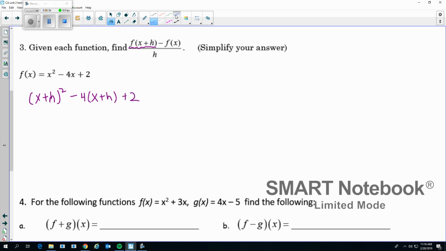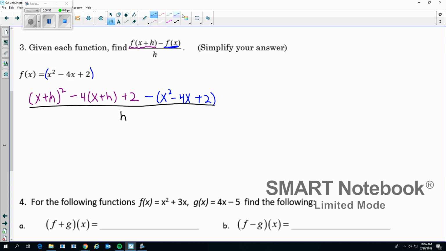And then in blue, basically subtract f of x, so I'm going to subtract this whole thing right here: minus parentheses x squared minus 4x plus 2. You have to put it in parentheses or else it's not going to work out for you. And then all divided by h.